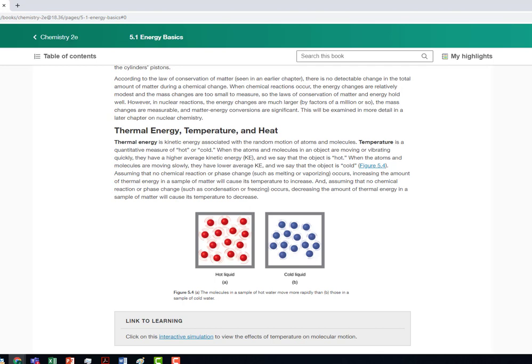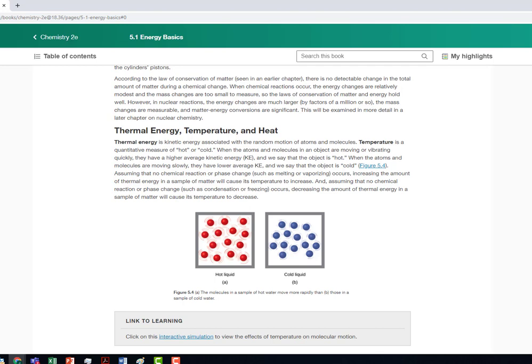Unlike a moving car, a person running, or someone throwing a ball, where all of the matter within the substance is moving together, thermal energy doesn't work quite that way. The matter within a substance is not moving together. It's moving in different directions, and there's a random kind of movement going on.